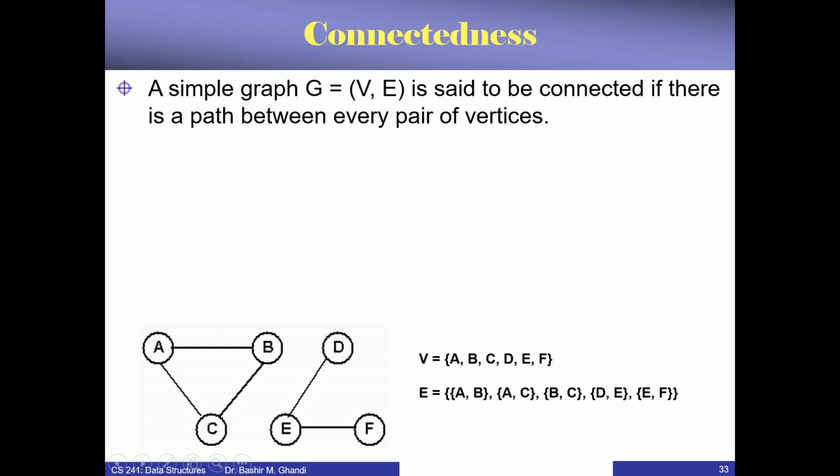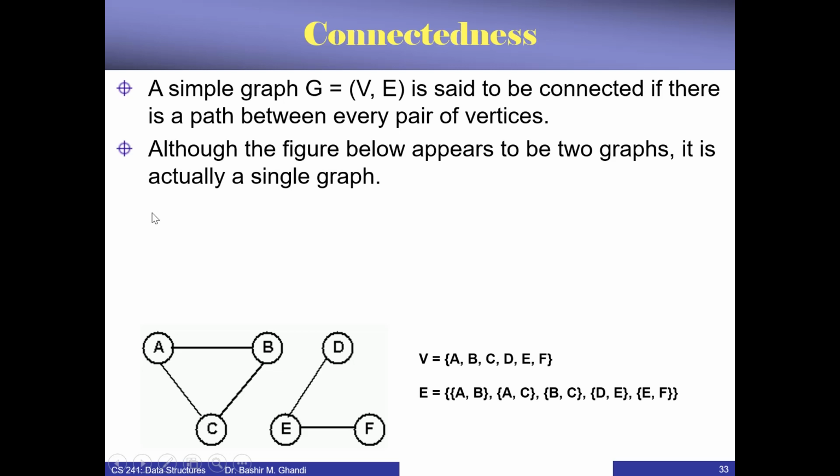For example, this graph is obviously not connected. There is no path that can take you from any part here to any other part here. So from B, we can never reach E or D or F. And similarly from F, we can never reach C or B or A. Okay, so that's the idea.